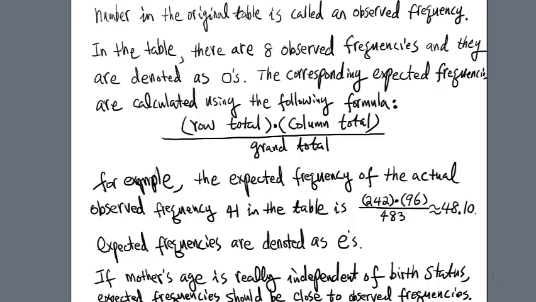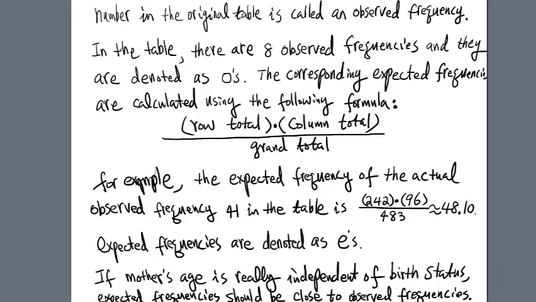Here is another example of an expected frequency. The actual observed frequency is 41 in the table, and the expected frequency is calculated as 242, which is the row total, times 96, which is the column total, divided by the grand total 483.